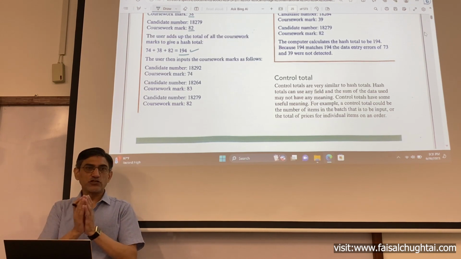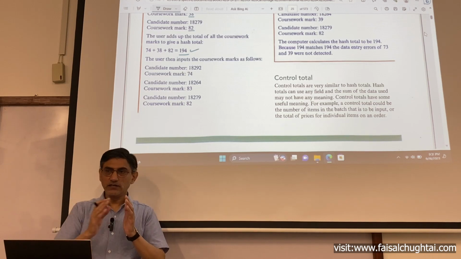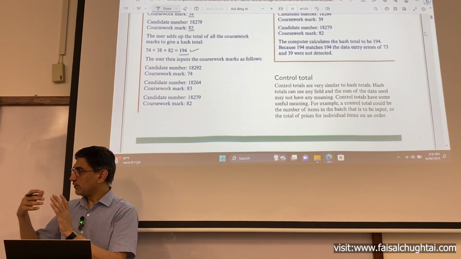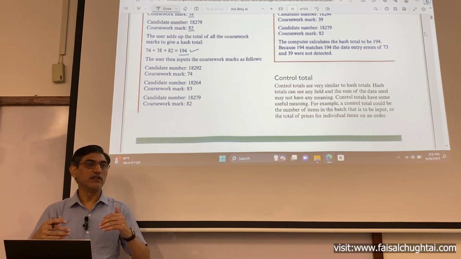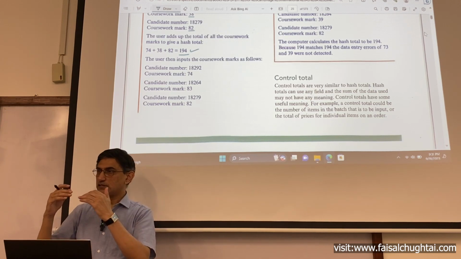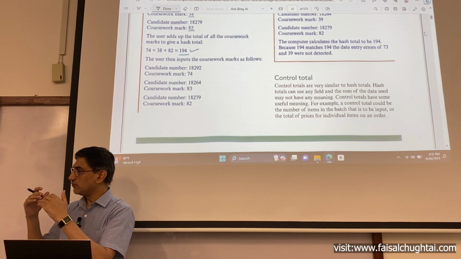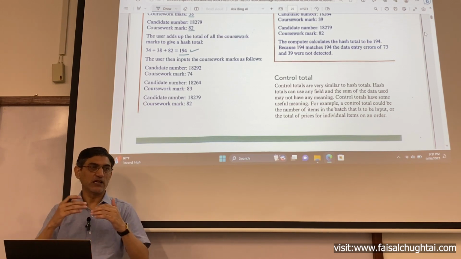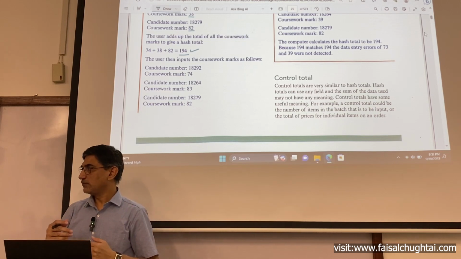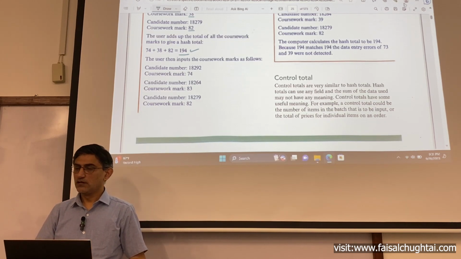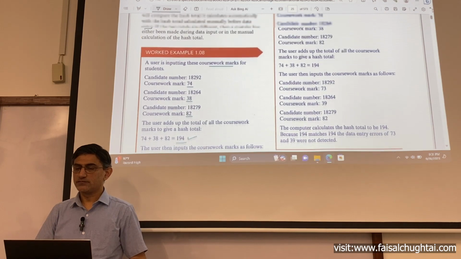This is where the hash total is actually confirming that the data that has been input has not been input accurately and there is some mistake, because the hash total that would have been calculated by the computer should have been exactly the same as the one that was initially manually calculated. All right, are you getting this or not?